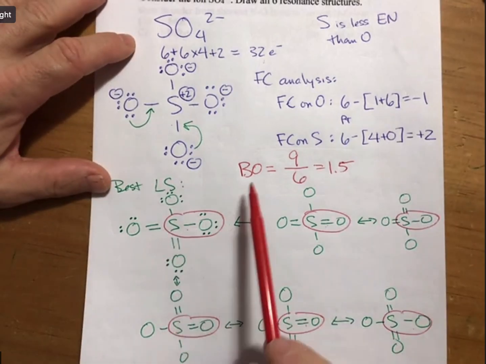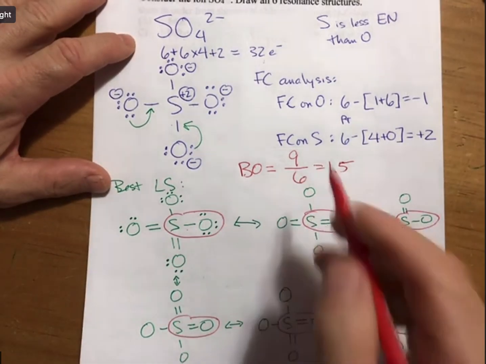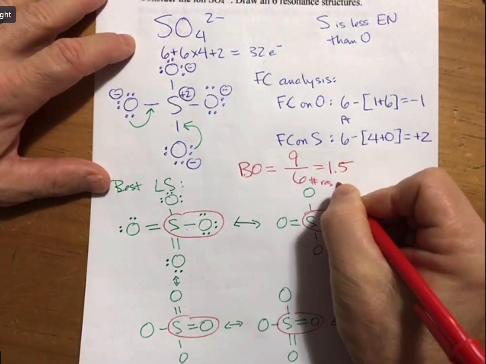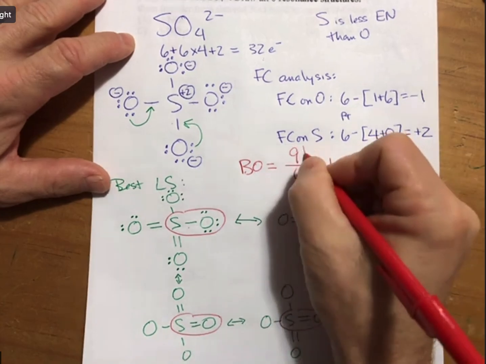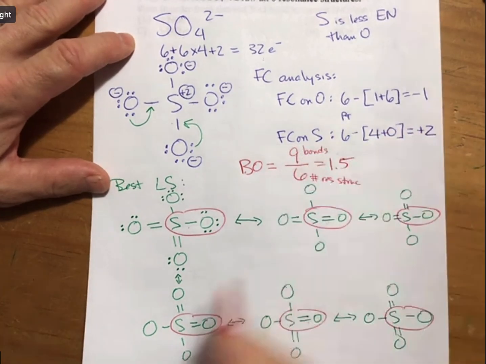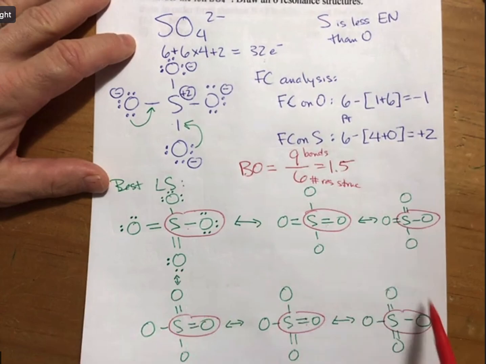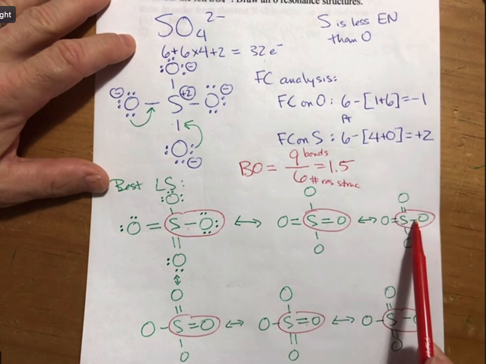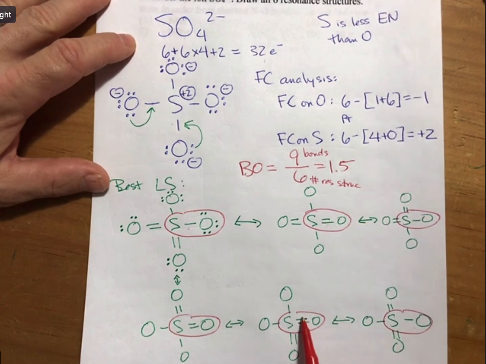This number here is the number of resonance structures, so we know where that came from. The 9 bonds comes because I circled the same 2 atoms in all of these, and then I counted up the bonds: 1, 2, 3, 4, 5, 6, 7, 8, 9. Okay, thank you.